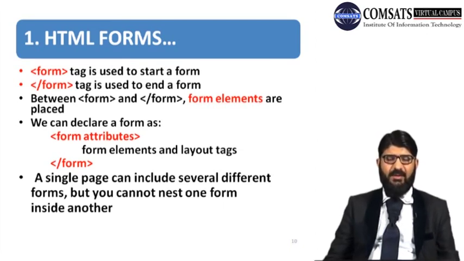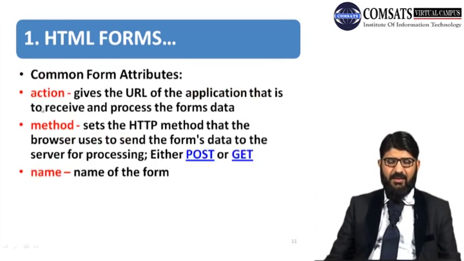So moving towards next, what are the common form attributes? These are the common form attributes. Number 1 is action, 2 is method, and 3 is name.